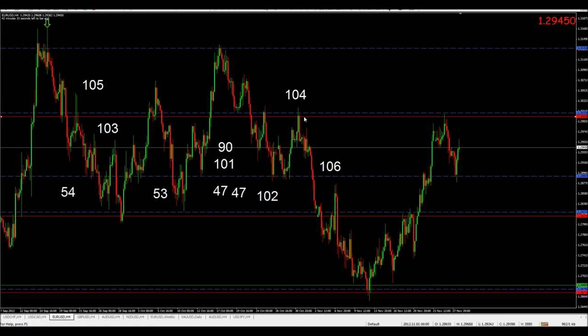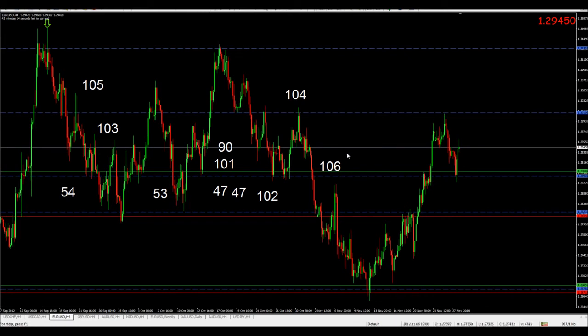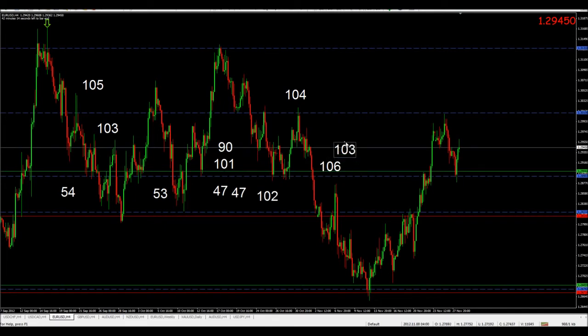Now if you ride this sell down to here again, place another buy order, so that takes profit. It's another 103 approximate pips.